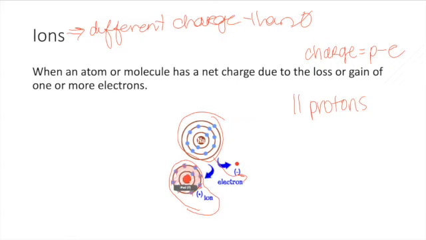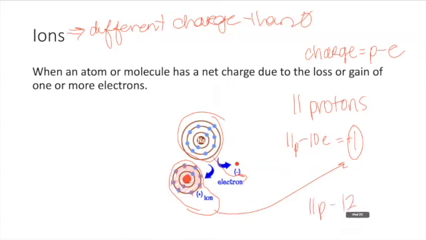So if we were to do P minus E, 11 protons minus 10 electrons, that is 1. 1 is a positive number, right? We didn't get a negative number, and therefore it's a positive ion. If we were to do this again, and for some reason we were to get 12 electrons and get a -1, then we would have a negative ion.